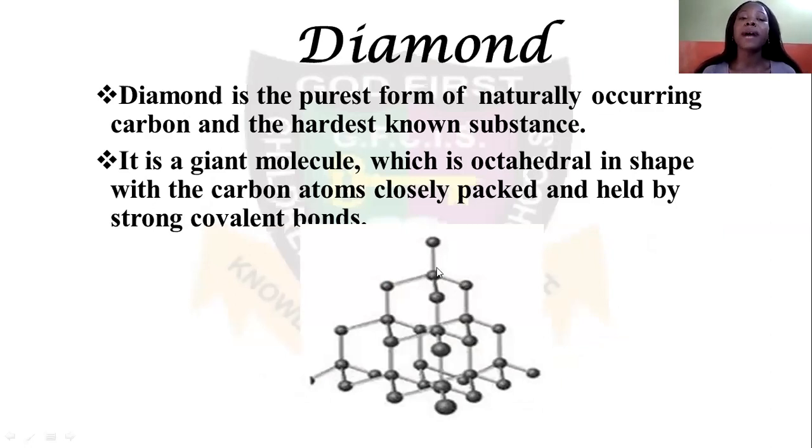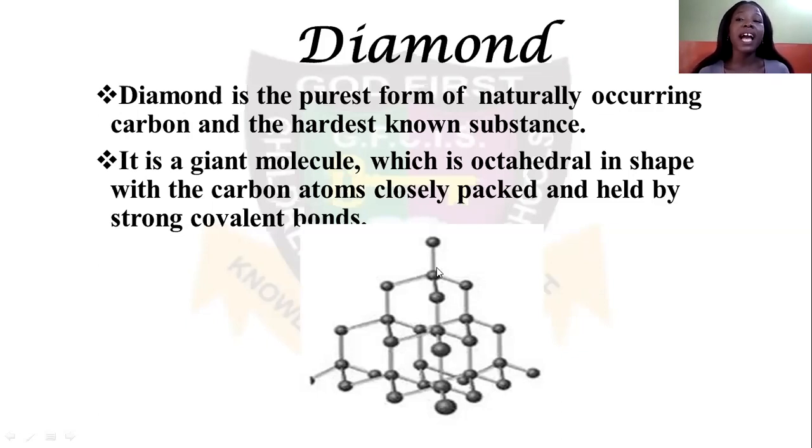They are held by strong covalent bonds, and they are closely packed together. So because of that, the carbon structure is very stable and very pure. Because of this property also, diamond has high melting and boiling points.